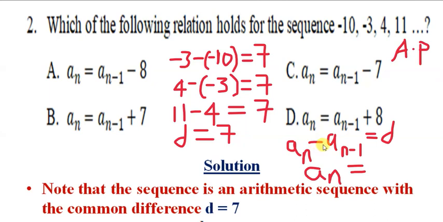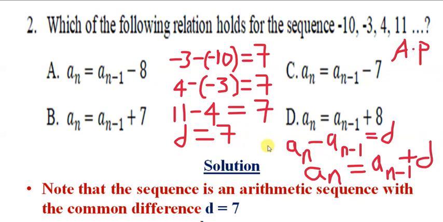Here it has minus, therefore when it moves to the right side, it becomes positive: An minus 1 plus d, where d is the common difference.